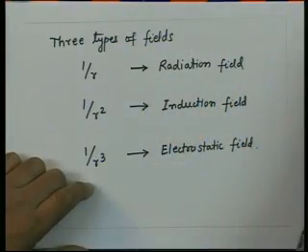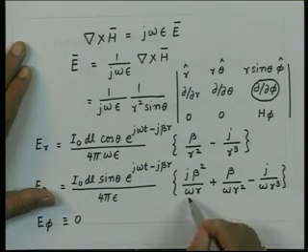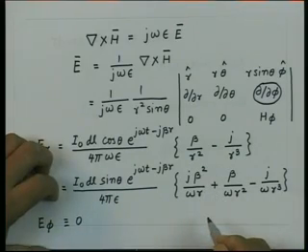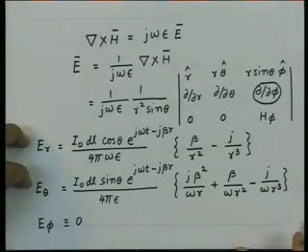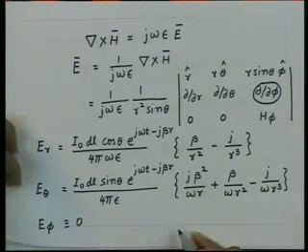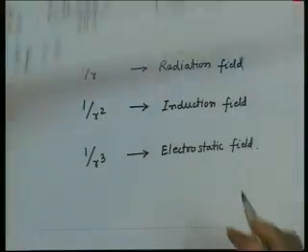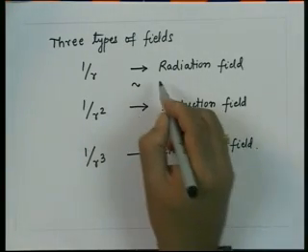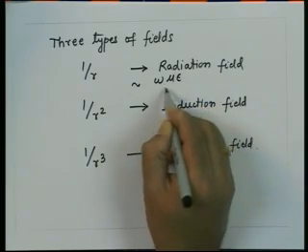If I look at this field which is varying as 1 over r, in the expression here, this is the quantity beta square upon omega, and as we know beta square is nothing but omega square mu epsilon, that is what we have seen earlier. So, this quantity varies as omega square mu epsilon upon omega r. So, this 1 over r field varies as omega mu epsilon upon r.